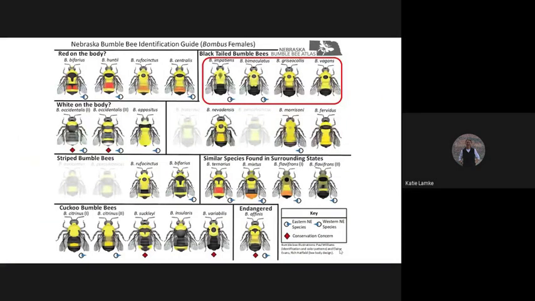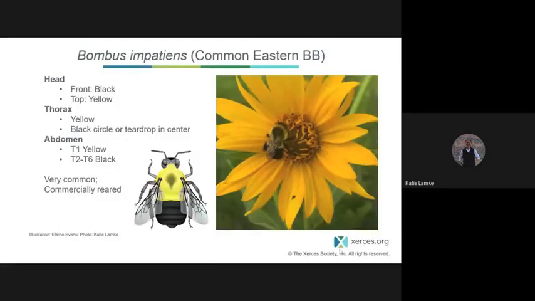So the next group we're going to move into is the black-tailed bumblebees, and these are some of the most common bees that we're going to collect. So Bombus impatiens, or the common eastern bumblebee, was actually the most commonly collected bee by the community scientists that participated in 2019. The hairs on the front of the face of this bee are black, and the top of their head is yellow.